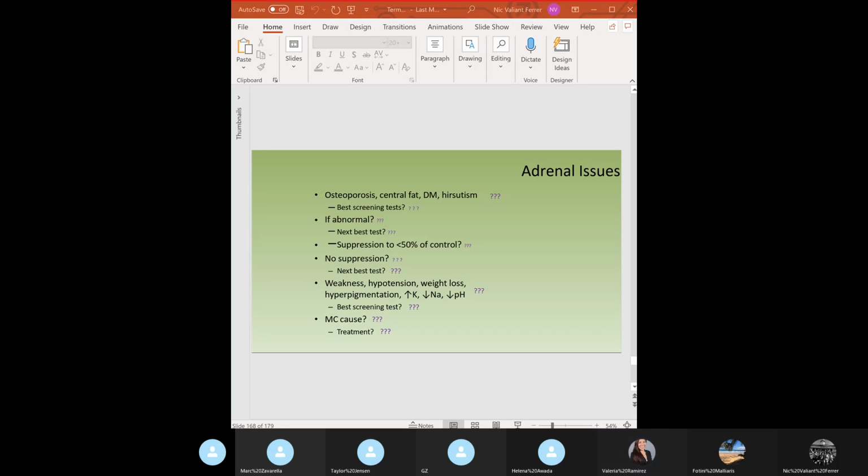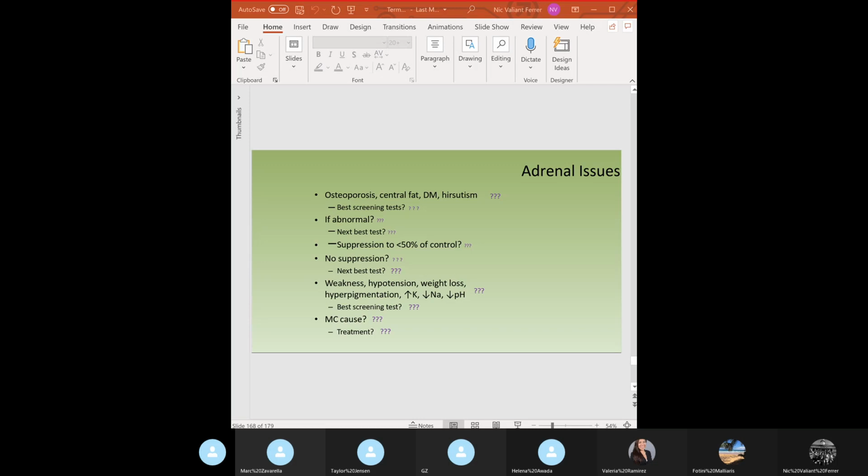We can do ACTH levels, but for the best screening test, it's all about the wording of the vignette. You can do a dexamethasone test, or you can also do a 24-hour urine cortisol test. If they're both abnormal, it diagnoses Cushing's syndrome.